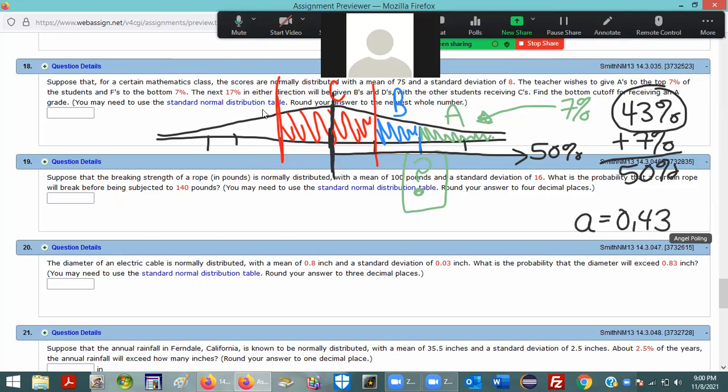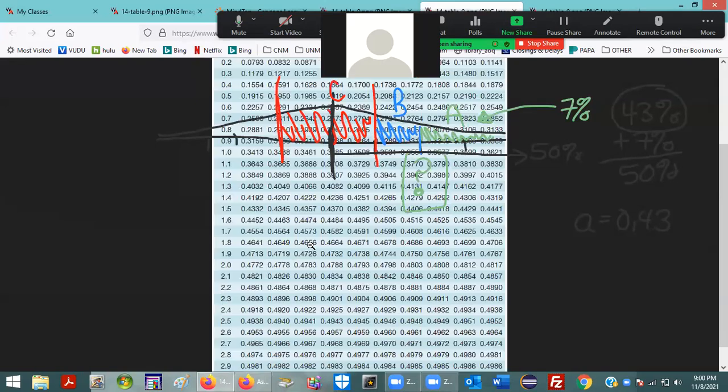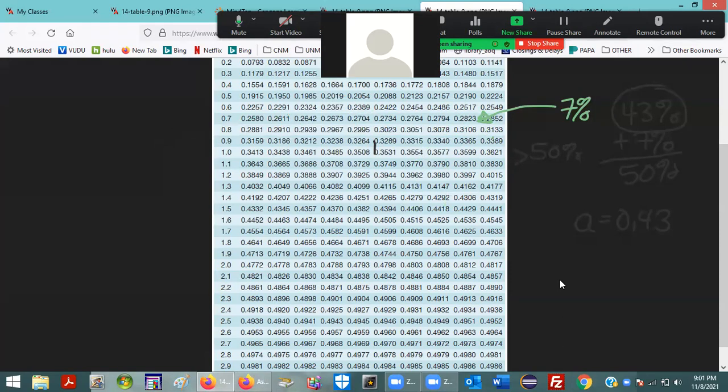So we need to find the z-score that has an area of 0.43. If we go to our table, we look at the body and we look for something close to 0.43. There's a 0.4292, right? So I'm actually going to erase this so we can see.